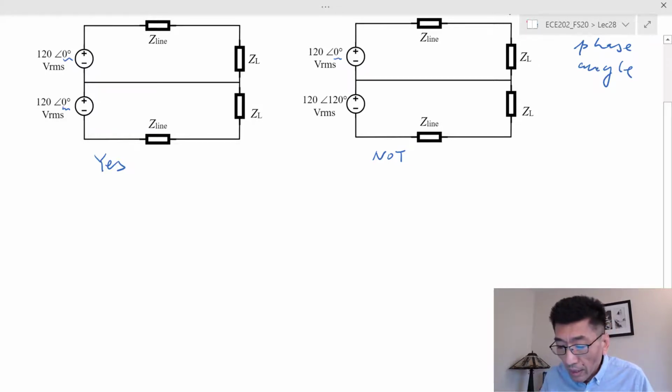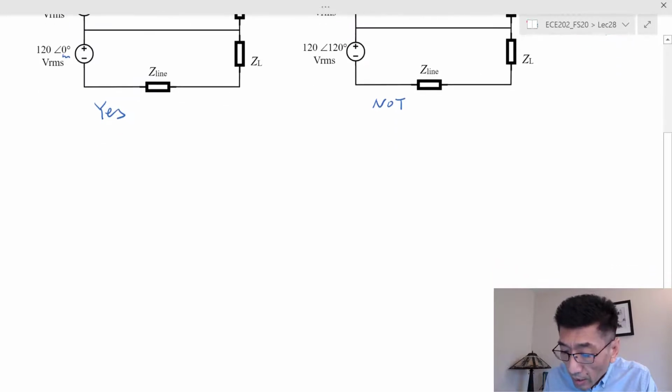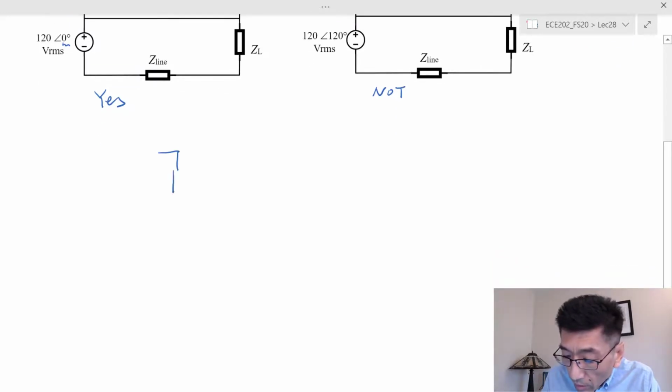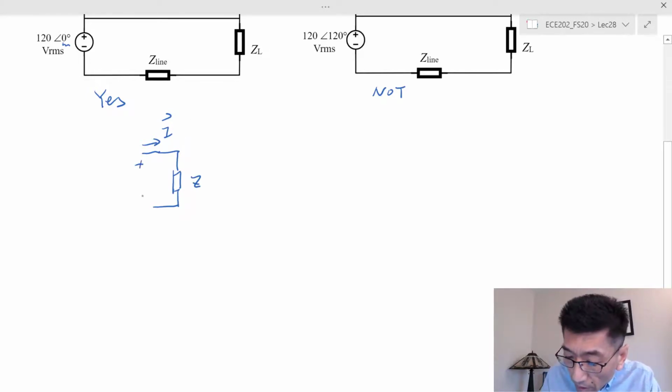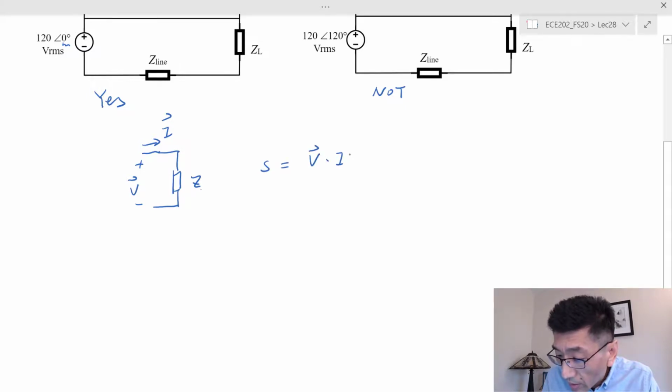Okay, and since we are going to calculate the complex power quite often, we're going to introduce a couple of other ways of calculating it. The one we already learned is that if we know the current through and the voltage across the impedance, S is going to be equal to V times I conjugate.